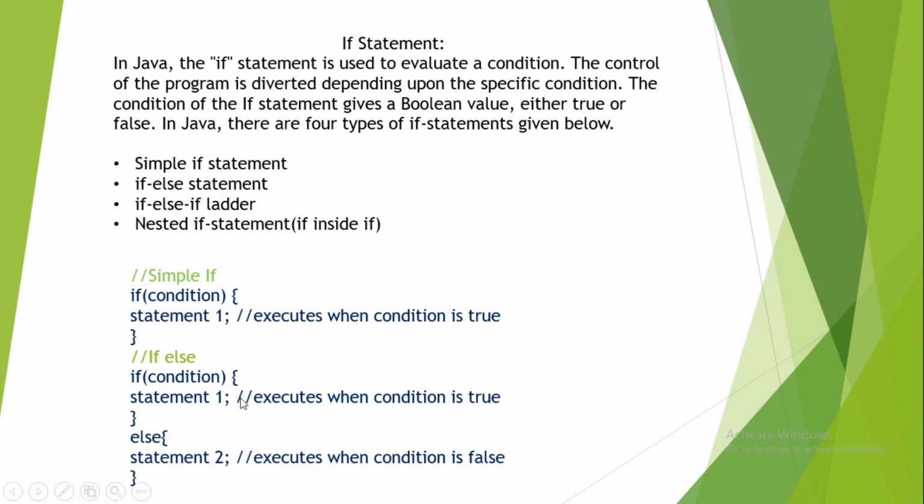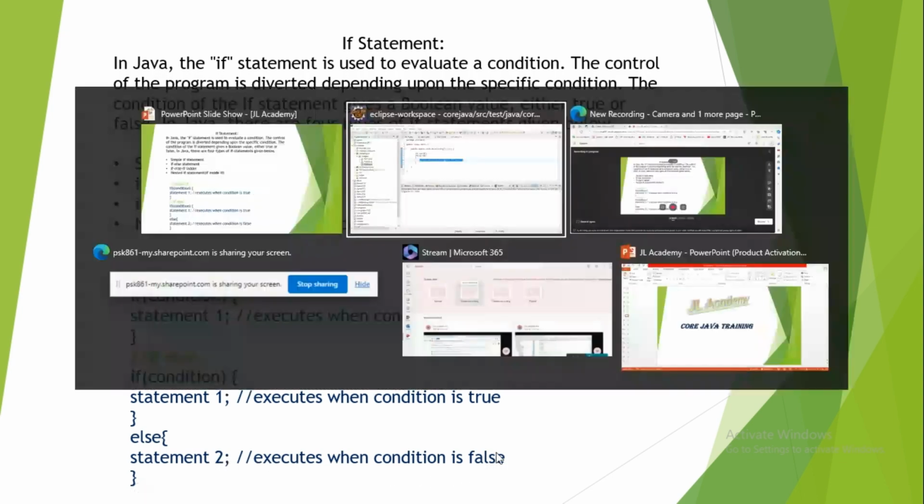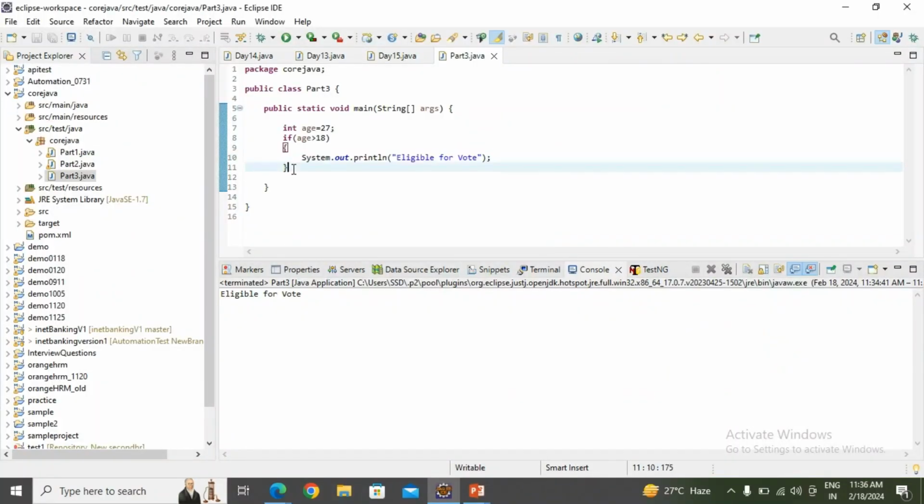The statements we have given will be executed when the condition is true. Otherwise, it will not execute them; it will go to the else, and the statements given in the else block will be executed. Let me check the program.